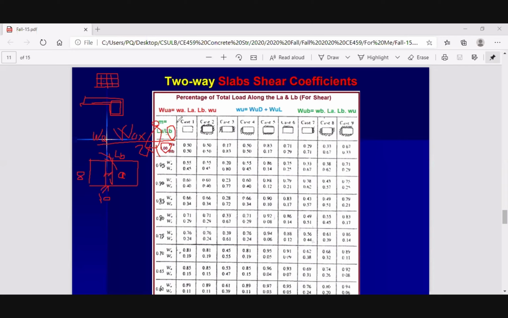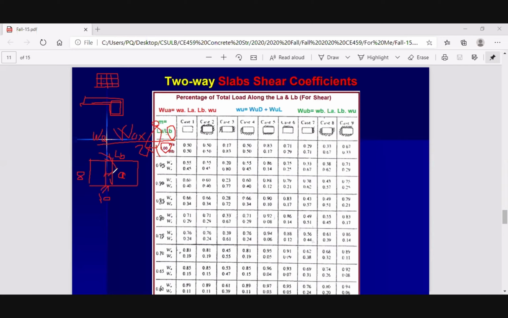So one more time, for total load, this W is the total load at the A direction, total load at the B direction. So omega A, we read this from this table, times omega U, 1.2 dead load plus 1.6 live load, times LA times LB, I consider 8 and 10, divided by 2 because you want to find the load at one side.